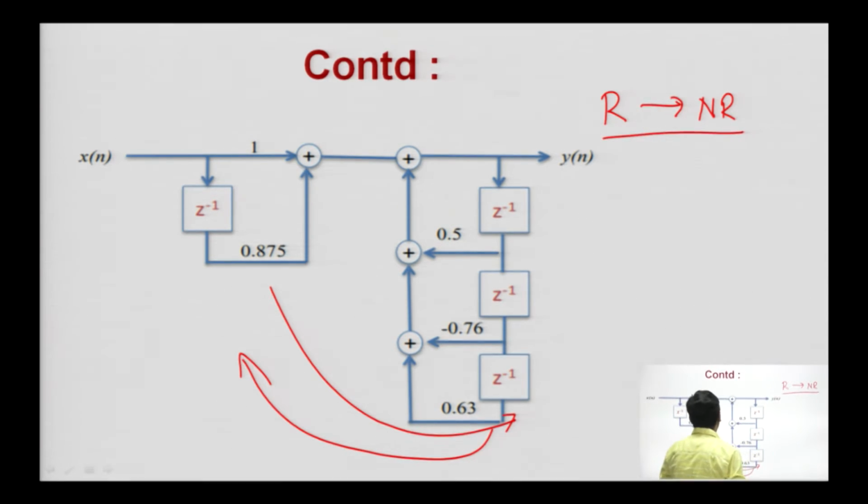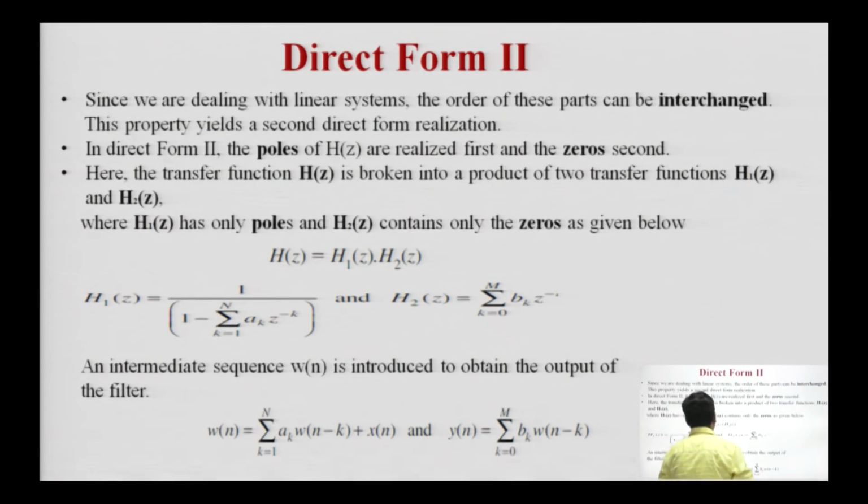Now, if we talk about the direct form 2 structure, in direct form 2 structure, what I am writing in my PPT, if you are interchanging the direct form 1 steps, then you will get the direct form 2. Similarly, if you are interchanging the direct form 2 steps, then you will get direct form 1.